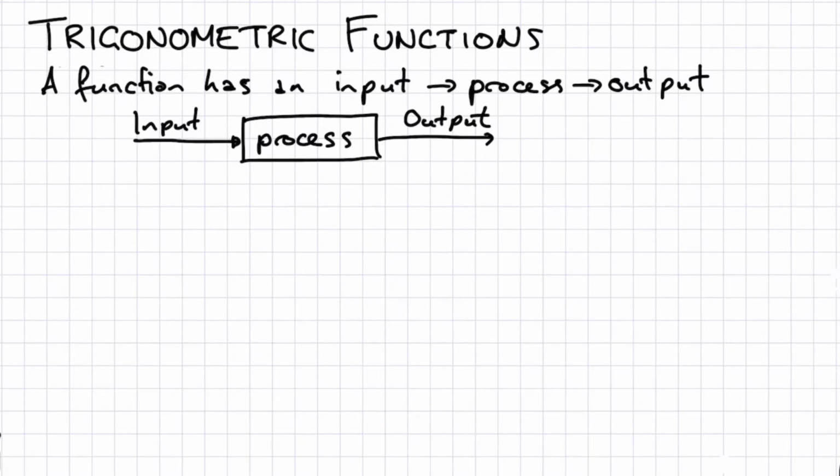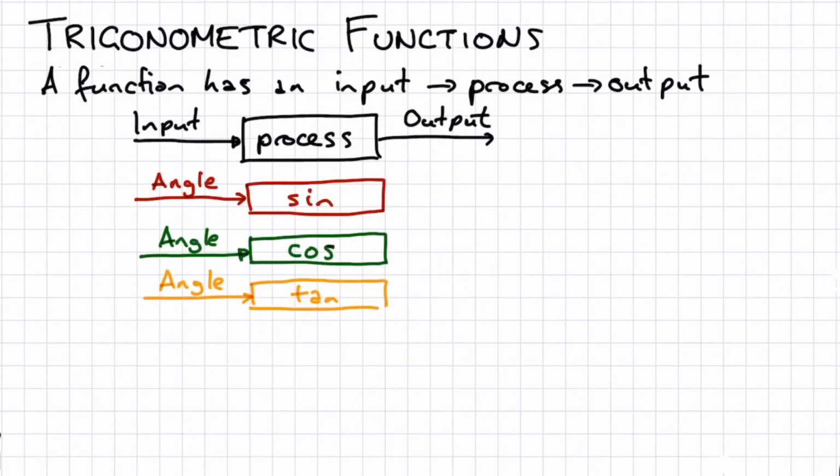This can also apply to the trig functions we're very familiar with. So sine, cos, and tan. With all of those, you have an input of an angle. So sine of theta, cos of theta, or tan of theta. And they all spit out those common ratios that we're familiar with. So SOHCAHTOA.